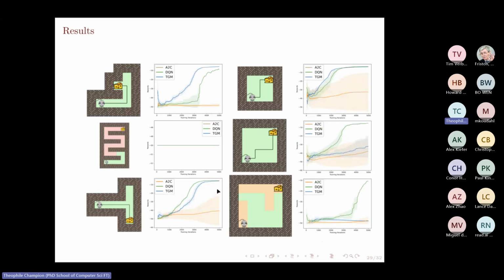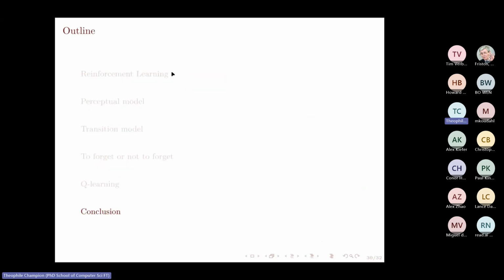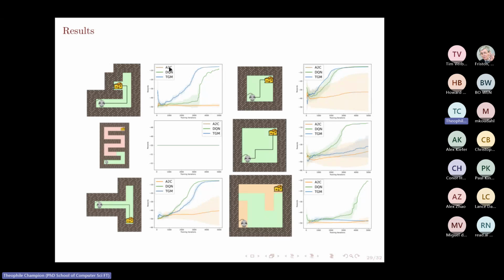So what kind of result can you expect from this approach? Here we have 6 different mazes, and TGM is Temporal Gaussian Mixture. It is our approach in blue, and DQN is a standard reinforcement learning benchmark. A2C is another reinforcement learning benchmark. The first thing to mention is that we are only giving the agent 5,000 data points, so a very small amount of data.